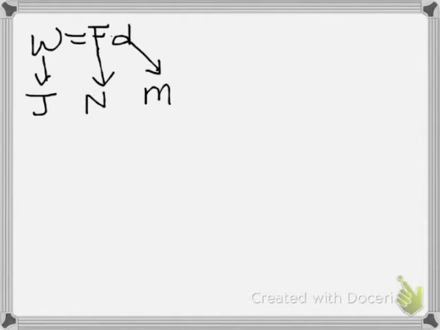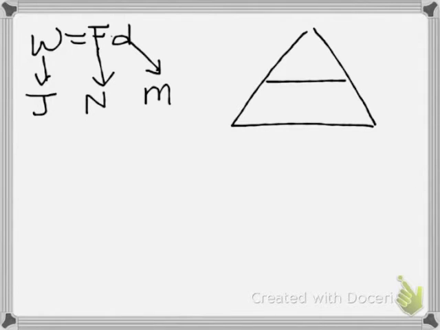Now, is there another way that we can put this formula? Oh yeah. My super handy way, you can draw a triangle, just like this, and then you cut it in half, and then you cut this in half. I'm going to put work on the top, and because I multiply force and distance, I'm going to put them next to each other.